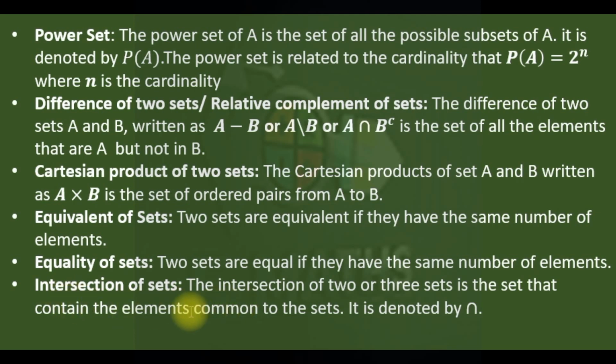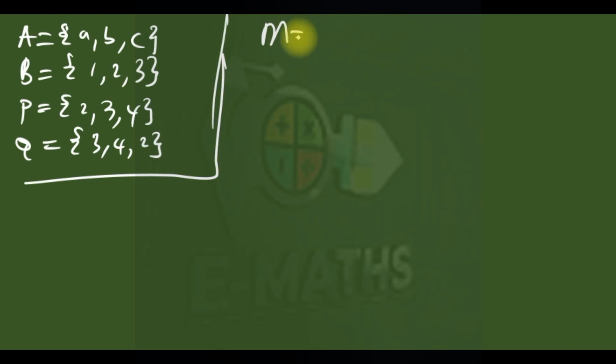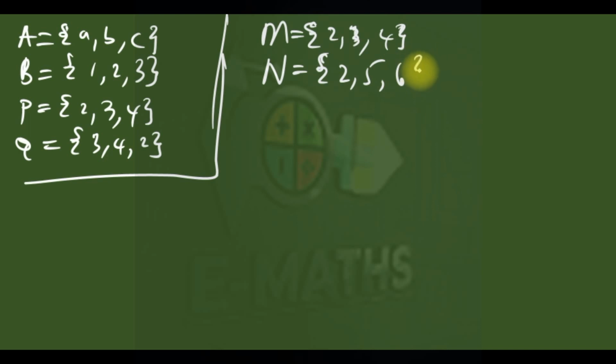So we have intersection of sets. The intersection of 2 or 3 sets is the set that contains the elements common to the sets. It is denoted by an inverted cup. So see what I'm saying? If you have maybe M with 2, 3, and 4, and N with 2, 5, 6.